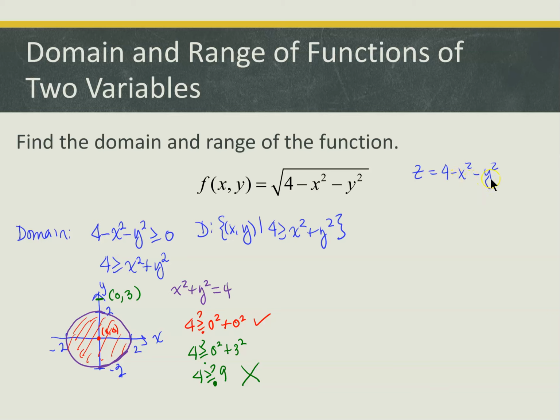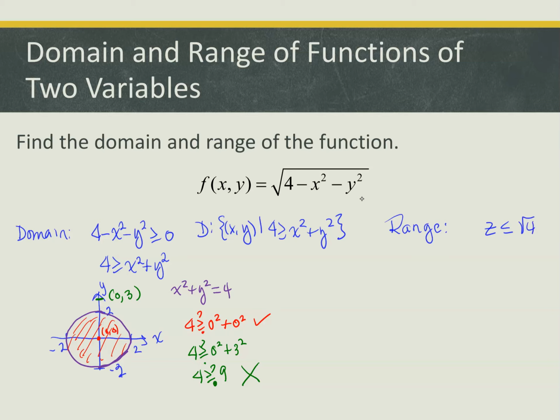So the maximum value of that paraboloid occurs at 4. And if the maximum value for this expression underneath the radical is 4, then the maximum value of z, or the maximum value for the output, would be the square root of 4. So my z value could not be any bigger than the square root of 4.